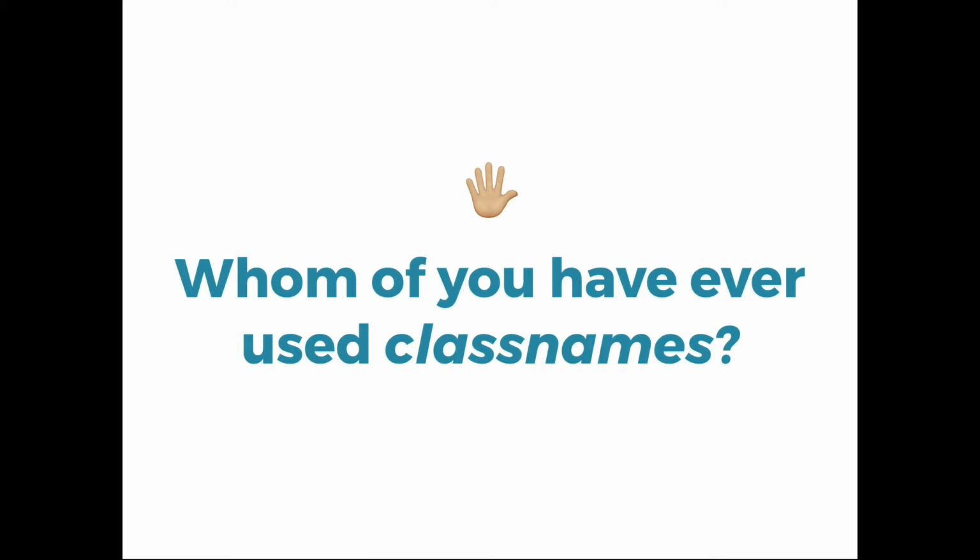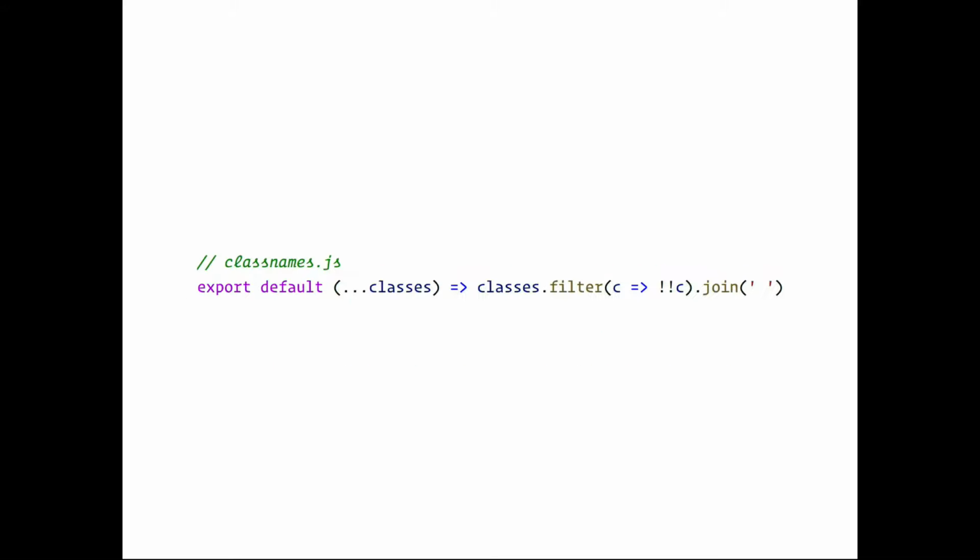Have you ever used the Node package class names? Please raise your hands. Awesome. Thank you. It's pretty common, right? Here's my implementation of class names. It's just one line of code. Basically, it filters for everything that is truthy, and it's just a simple join with spaces, because for some reason in React, className has to be a single string.